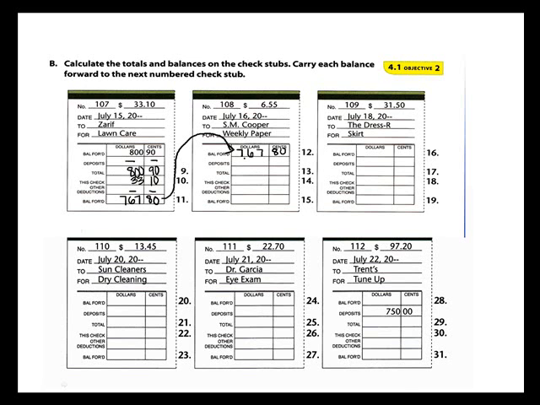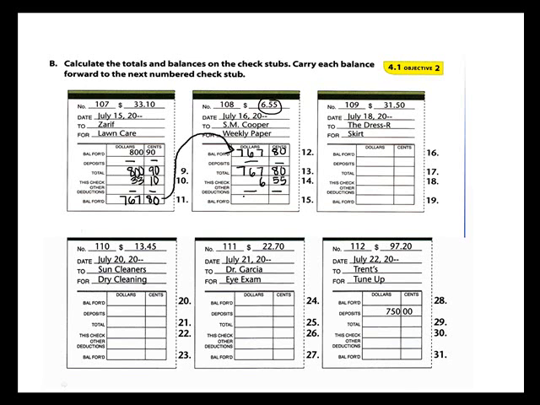$767.80. Again, this was not a deposit. My balance is still $767.80. The amount of this check right there is $6.55. There were no other deductions.